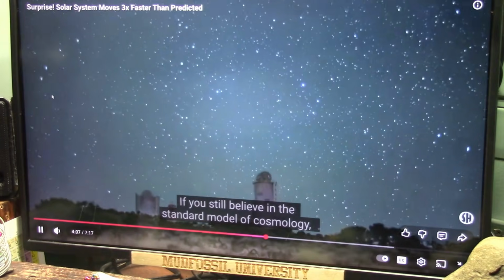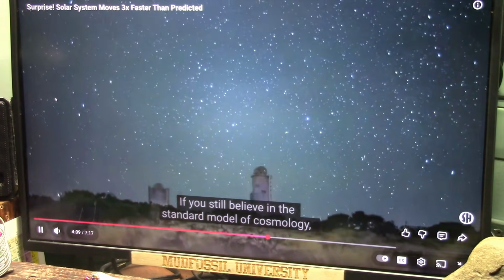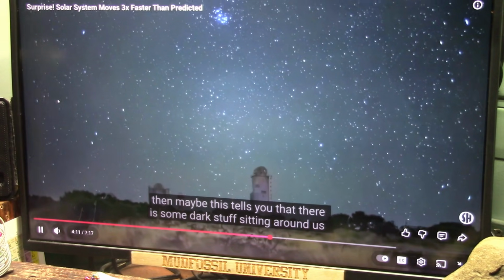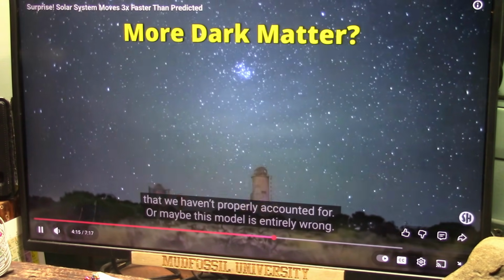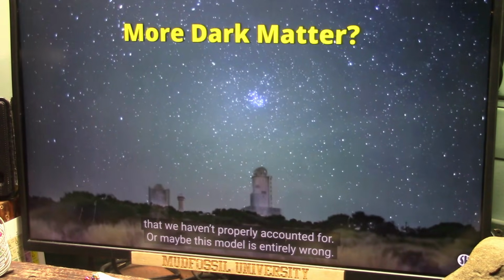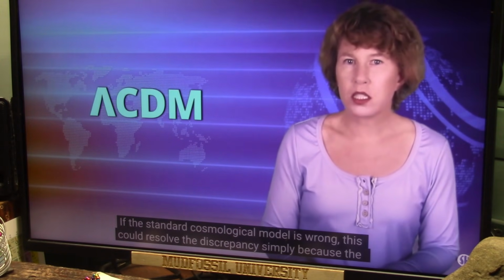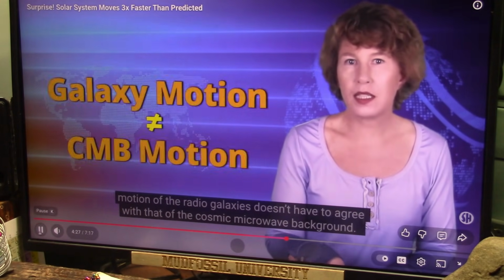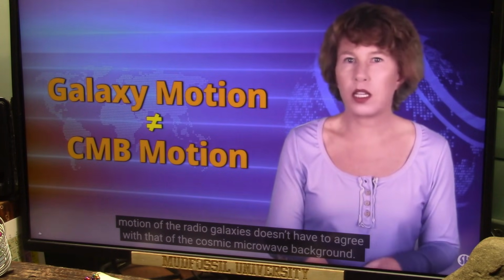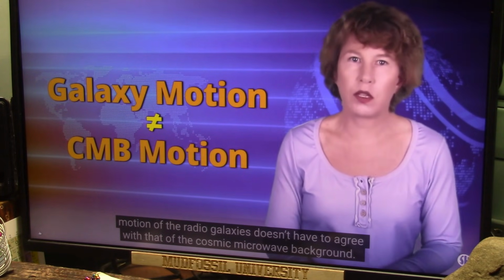If you still believe in the standard model of cosmology, then maybe this tells you that there is some dark stuff sitting around us that we haven't properly accounted for, or maybe this model is entirely wrong. If the standard cosmological model is wrong, this could resolve the discrepancy simply because the motion of the radio galaxies doesn't have to agree with that of the cosmic microwave background."